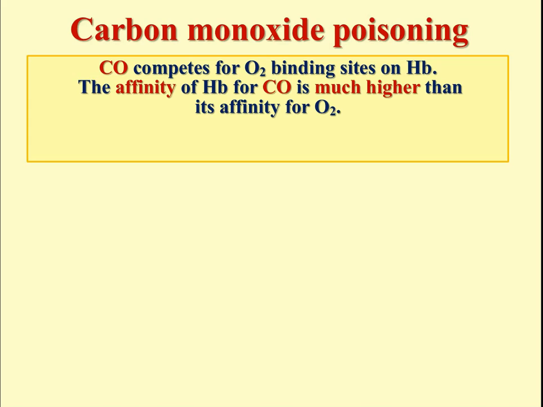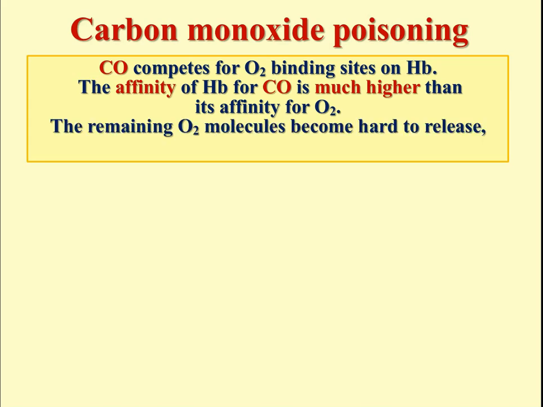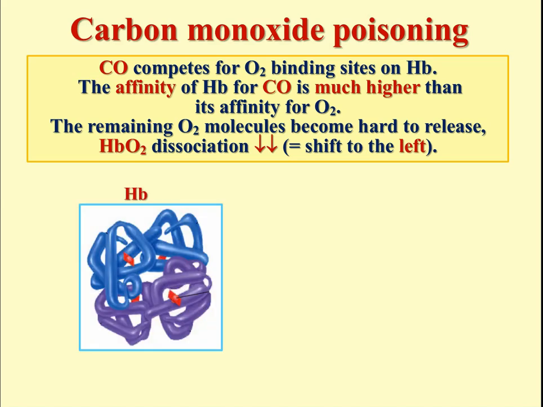The affinity of hemoglobin to CO is much greater, and therefore, if there is a little amount of CO molecules in the air, the hemoglobin will predominantly bind to CO. And if one molecule of CO is attached to hemoglobin, the remaining oxygen molecules become very hard to release, and dissociation is decreased, practically a shift to the left.